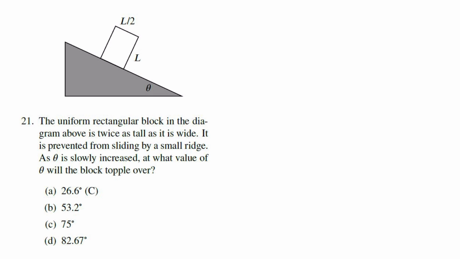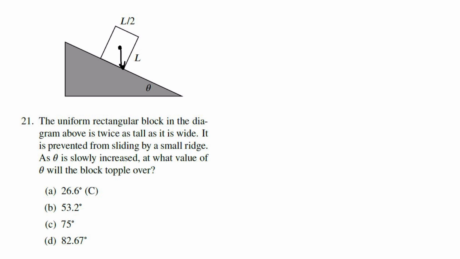So the very first question is: the uniform rectangular block in the diagram above is twice as tall as it is wide. It's prevented from sliding by a small ridge. They're asking us for what angle of the incline will the block topple over. Basically the block is going to topple over when its center of mass is directly above the corner edge that is on the incline.